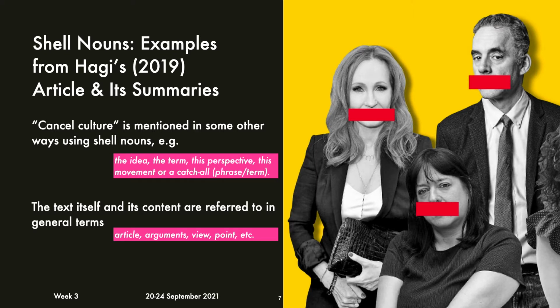A catch-all is a catch-all phrase or catch-all term, an umbrella term, just like shell nouns, right? And the text itself and its content are referred to in general terms, such as in my summary text. So I point at Sarah Hagi's article by saying her article, and then her arguments, her view, her point, etc. Okay? So these are the shell nouns that you can use.